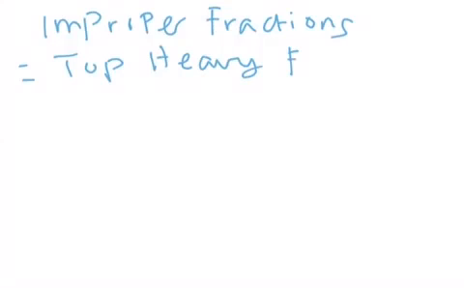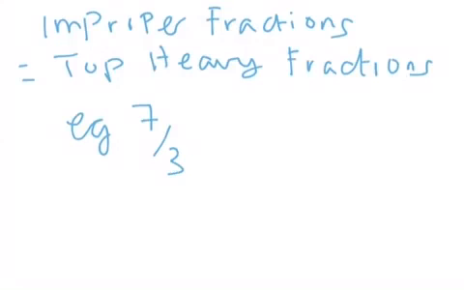So what are these improper or top-heavy fractions? Well, again, as the name suggests, this is where we have a fraction such as, e.g., 7 over 3.